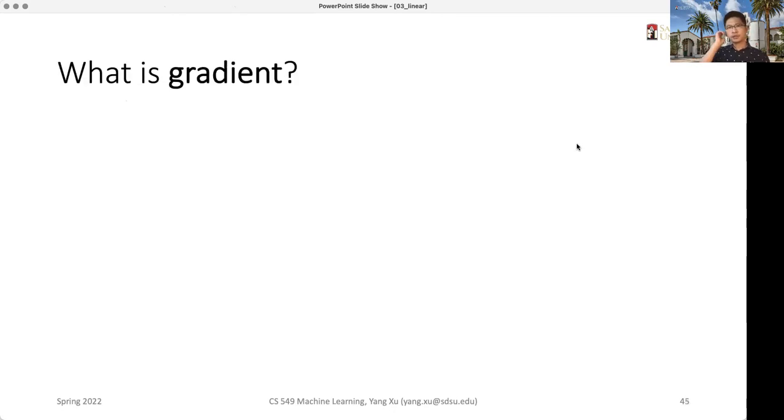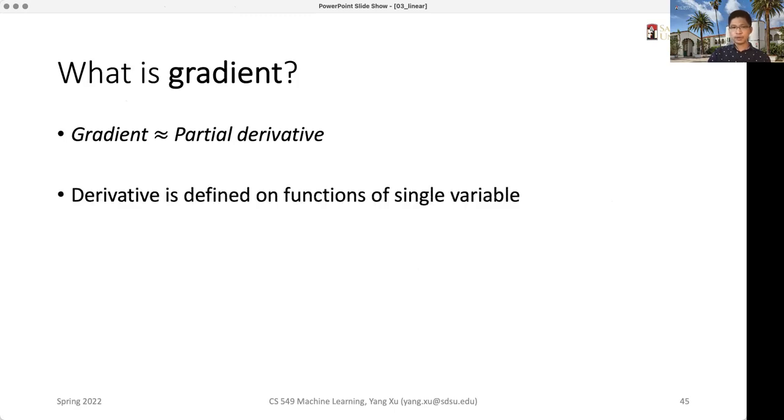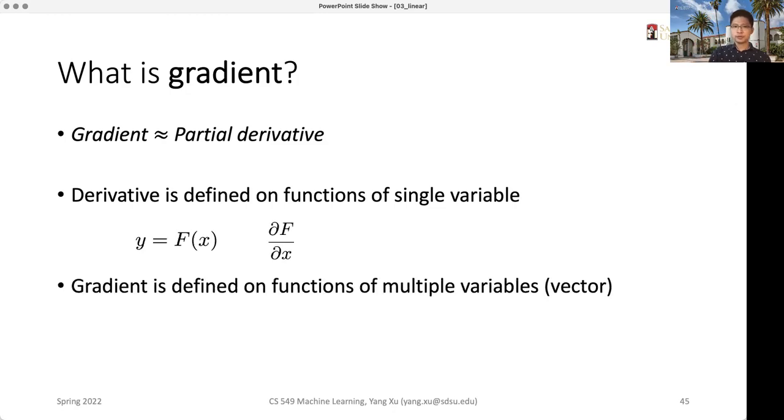So let's look at gradient descent. First of all, the term gradient is just another name for partial derivative. A derivative is defined for a function of a single variable, but when we have multiple variables, we can use the term gradient. It's basically a vector: a gradient is a vector of partial derivatives.